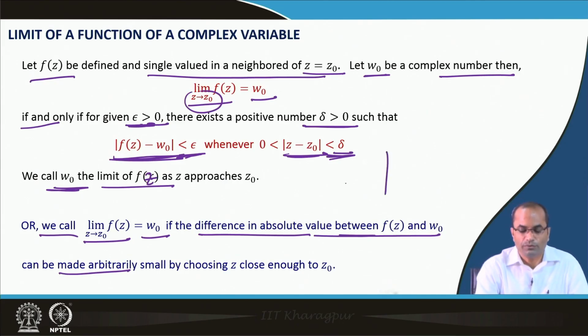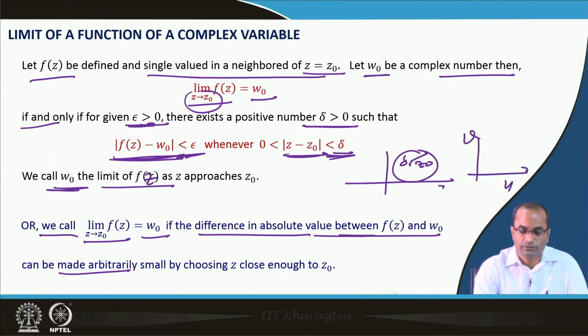So, we have two neighborhoods here, one around the point z naught with delta radius, and another in the u v plane. Here we have x y, and the function f(z) maps to w naught, with this epsilon neighborhood.